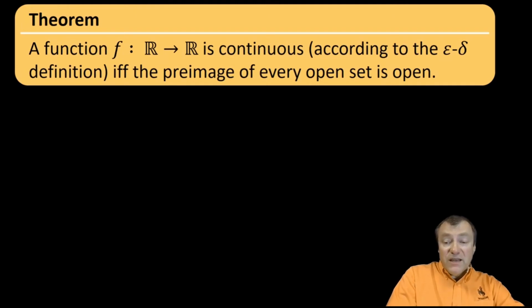Also, our purpose in analysis is different than in Calc 1. The topological criterion for continuity, that preimages of open sets are open, is exceptionally useful for writing short proofs of theorems that would have been very tedious using the epsilon delta criterion. This suits our purposes in analysis, where our goal is to write proofs of theorems.